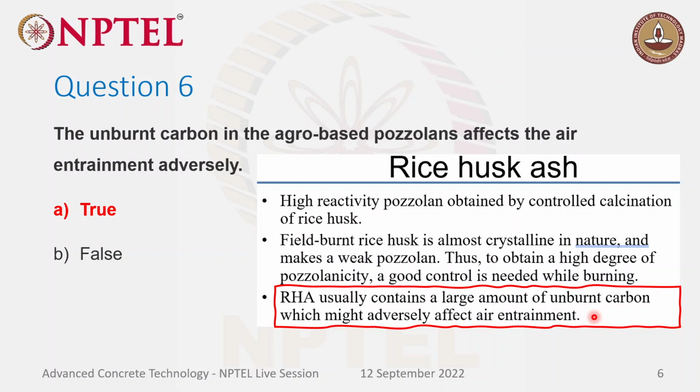And when it comes to air entraining admixtures, the unburnt carbon tends to absorb these admixtures, and it obviously reduces the efficiency of the air entrainment. So when unburnt carbon is present in the system, it will reduce the efficiency of the admixture, either superplasticizer or air entraining admixture.